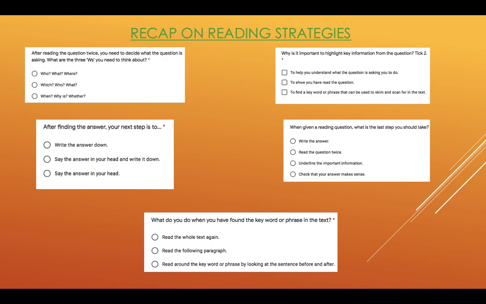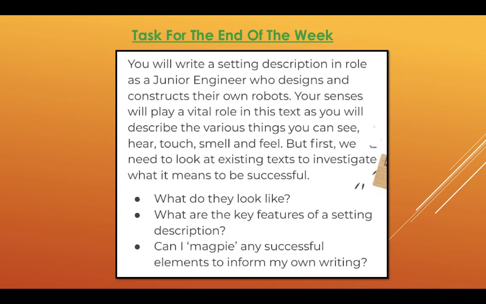So it's number 3. How did you do? It's been a while since we looked at the strategies. We will look at the strategies again shortly. So well done if you got 5 out of 5 or 4 out of 5. If you got 3 or less, this week you'll get a chance to look at the strategies every day. It's just so that you can refresh your memory.